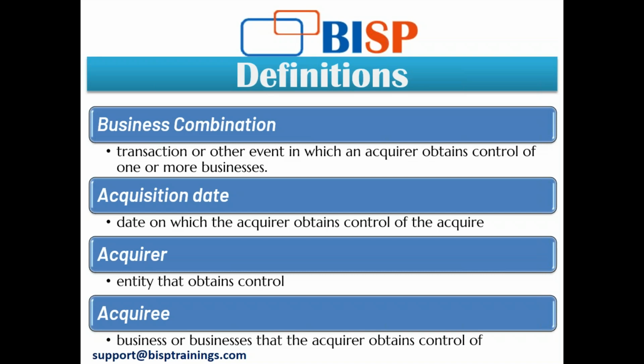And the acquiree is the business or entity over which the acquirer obtained control. These are very simple, but utmost important, because on these terms you will be doing your accounting, bifurcating the pre-acquisition and post-acquisition amounts of your assets, liabilities, whatever it is.